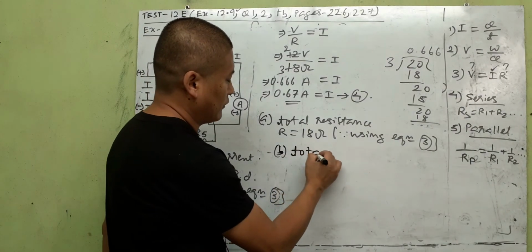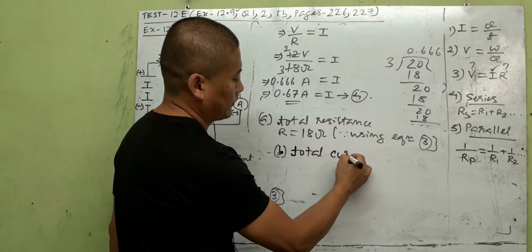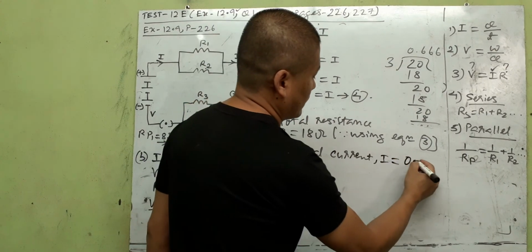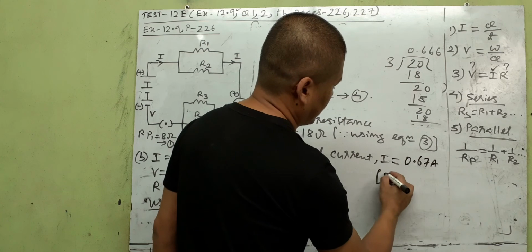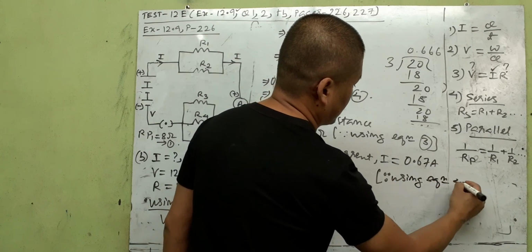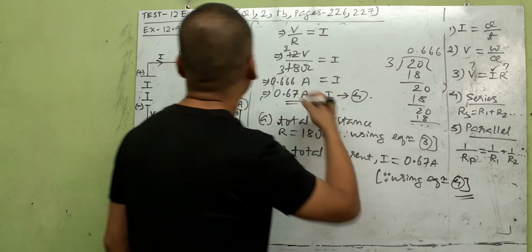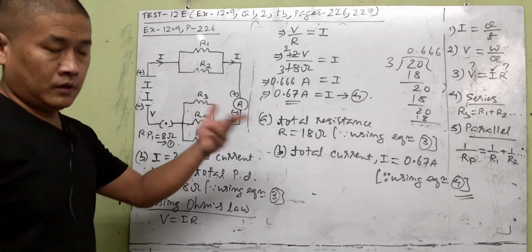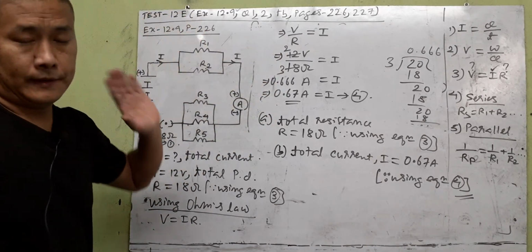So the total current flowing in the circuit, we have taken that to be I, and just now 0.67 ampere, and we can write here, using equation number 4. So this is done. Examples 12.9, 1 and 2, we'll do in the next class, after which you can take the test.